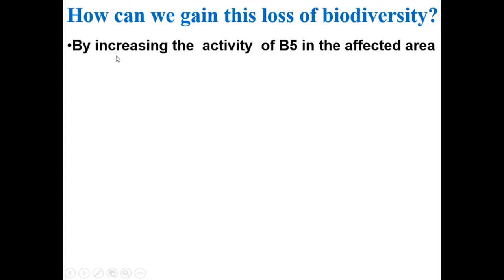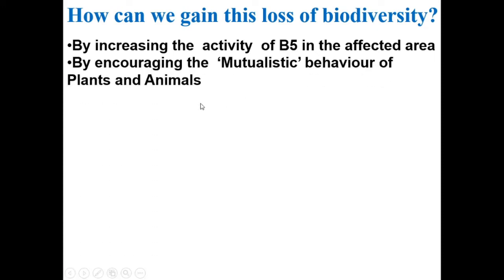The first one, by increasing the activity of B5 in the affected area. As you know, so many regions, habitats are affected, maybe due to anthropogenic activities or maybe by nature. However, most of the habitat lands are affected. So, by increasing the activity of B5 in the affected area, how can we do that?